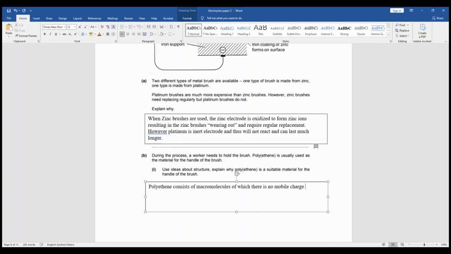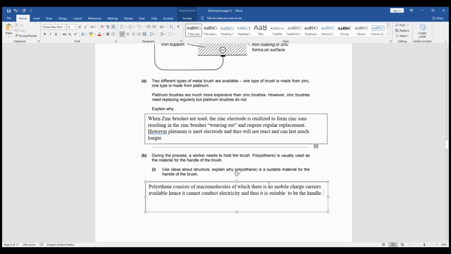Charge carrier is better because it includes ions. No mobile charge carriers available. Hence, it cannot conduct electricity. And thus, linking back to the question, it is suitable to be the handle.